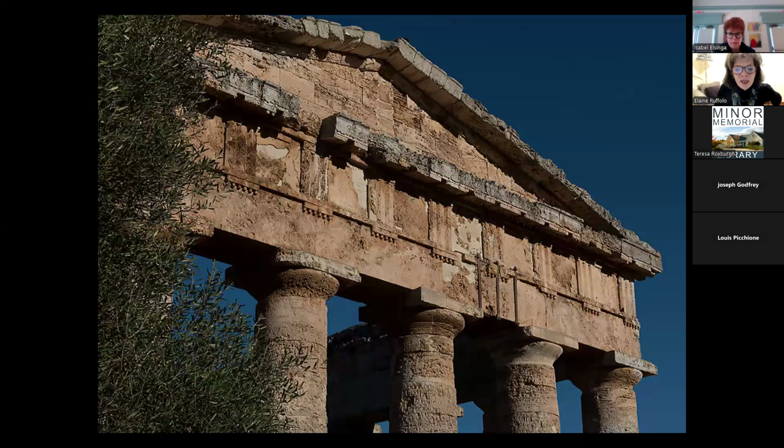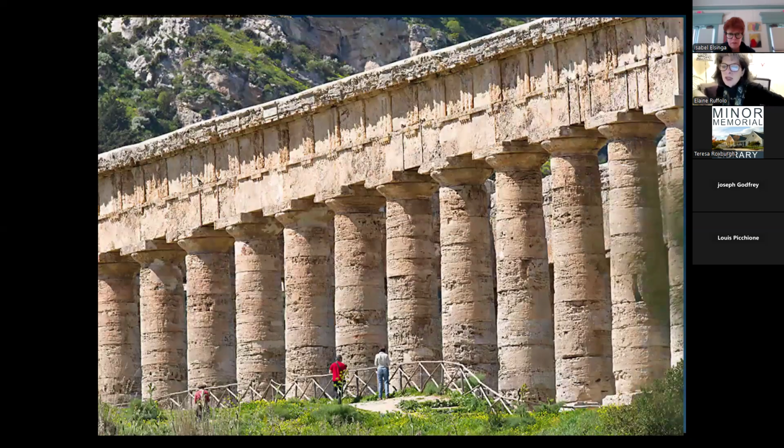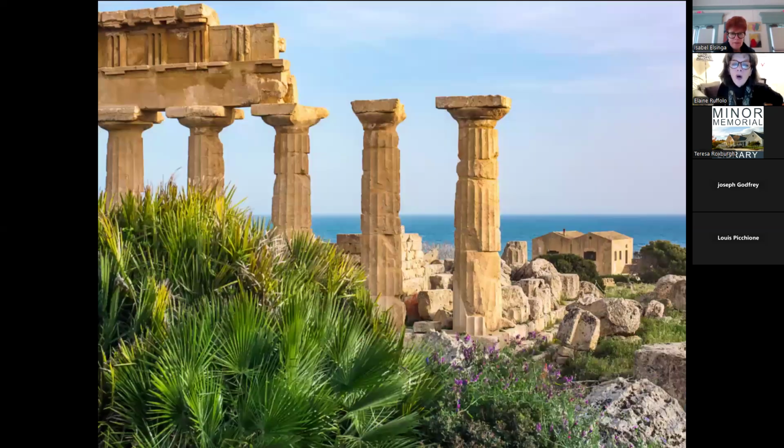Triglyphs and metopes, Doric order, triangular capital, beautiful row of columns. And behind you, you can see the rock formations and how the Greeks loved to situate their temples overlooking the sea, so you could see it high off into the distance.